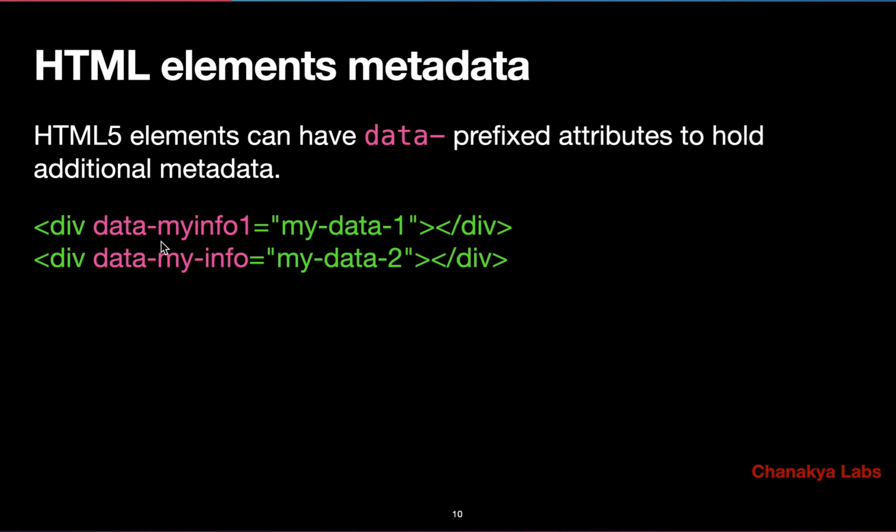So right now with HTML5, a proper metadata storage mechanism has come: you just put data hyphen, and after that whatever name you want, is equal to whatever value you want to give. One element can have multiple such attributes, like data hyphen my info 1, data hyphen my info 2, an unlimited number of properties, and that will be used as the data store.